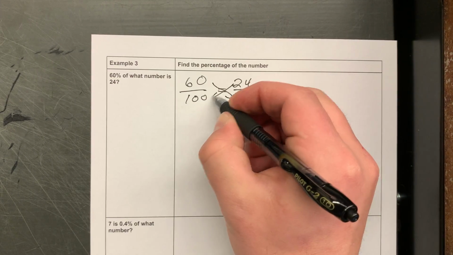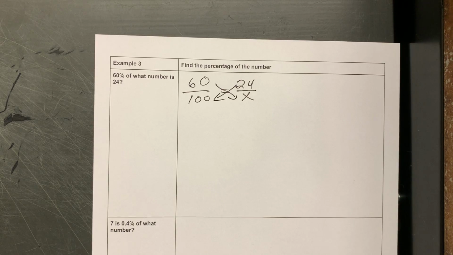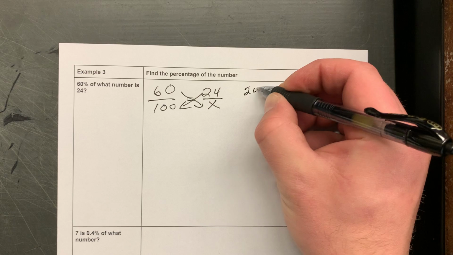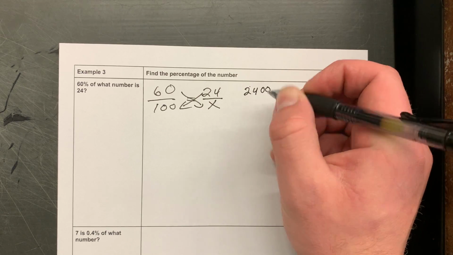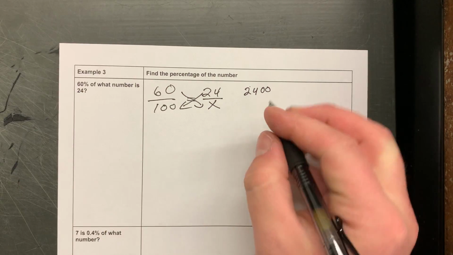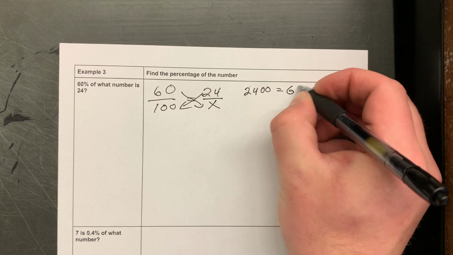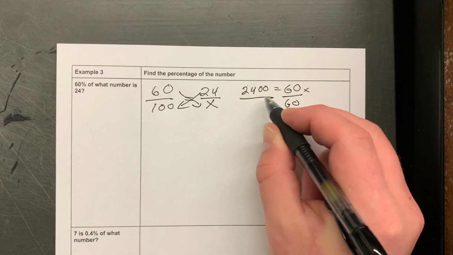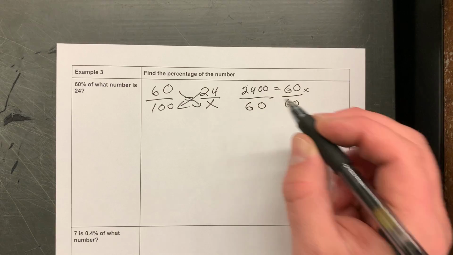I'm going to cross multiply, just like I do here. 24 times 100 is 2,400, and it's equal to 60x. I then just need to divide by 60 because I'm undoing the multiplication.